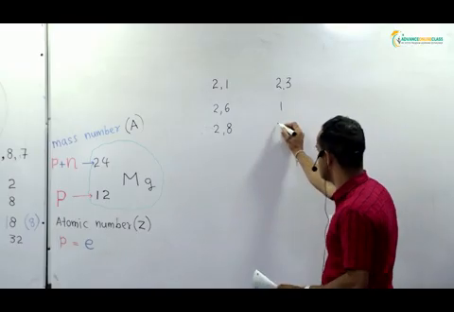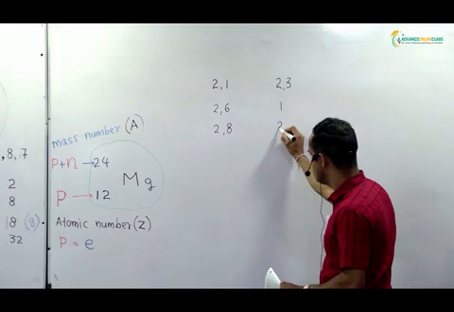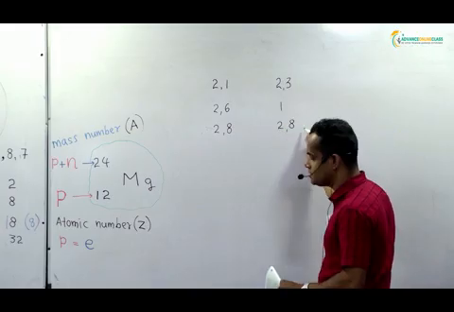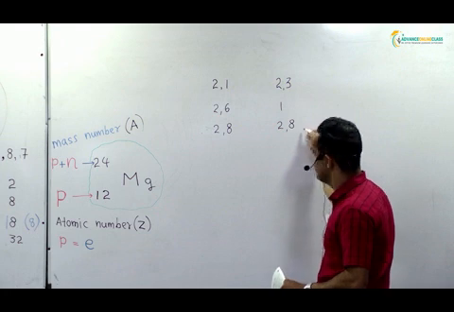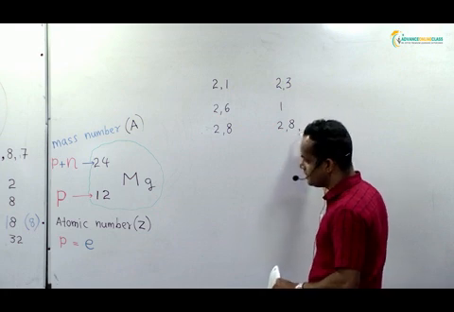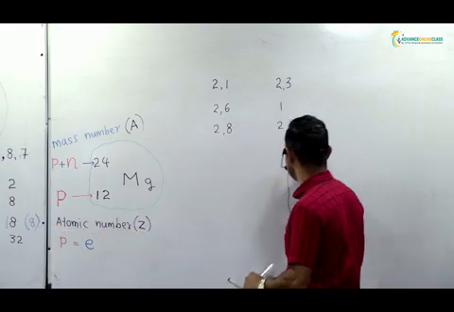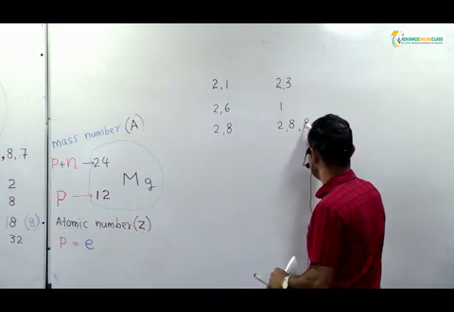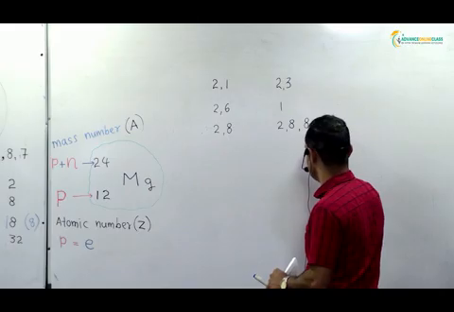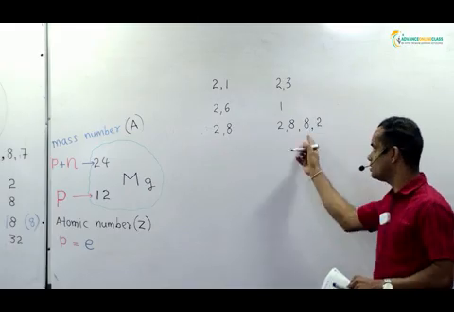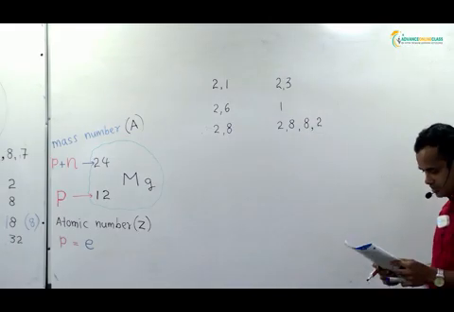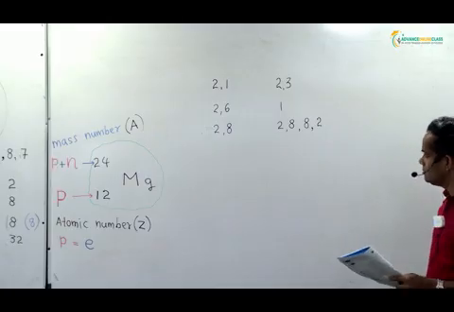Calcium has 20 electrons in total. 2 in the first shell, 8 in the next shell. What is the balance? 10 more. The third shell can keep 10, I told you, but usually 8 only there. We are studying the nature here. Nature is this, not 10 here. So calcium is 2, 8, 8, 2.